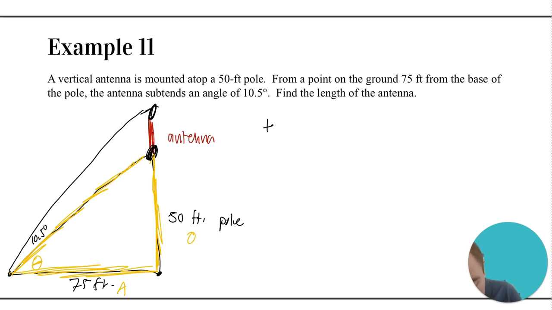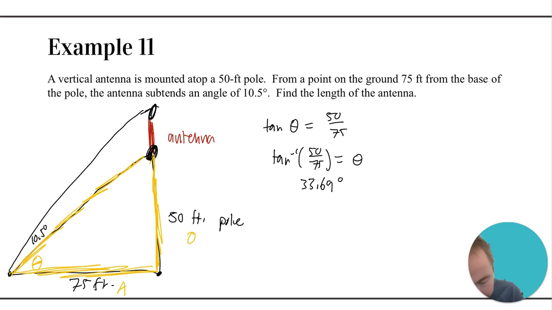So using a tangent ratio, the tangent of that yellow theta would be 50 over 75, and then doing an inverse tangent of 50 over 75 would spit out what that acute angle has to be. So we get then that 33.69 degrees is what that yellow theta angle measure is going to be.